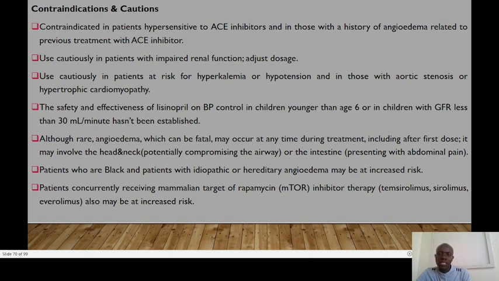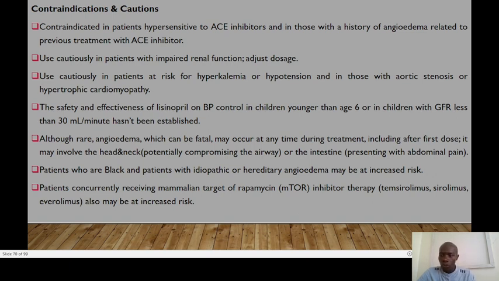Use cautiously in patients at risk for hyperkalemia or hypotension, in those with aortic stenosis and hypertrophic cardiomyopathy. The safety and effectiveness of lisinopril on BP control in children younger than 6 or children with GFR less than 30 hasn't been established.